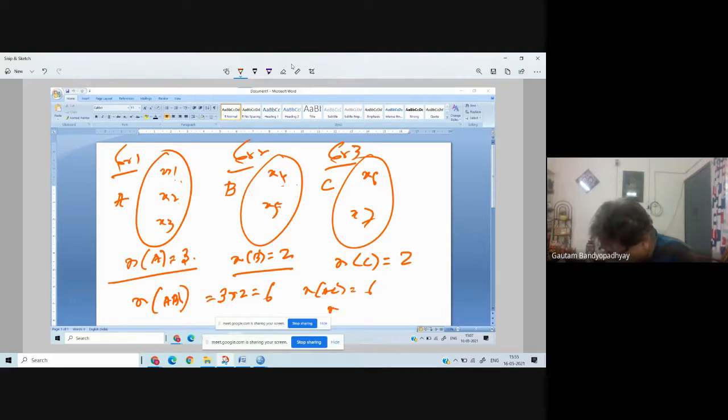And the cardinality of BC is 2 into 2, that is 4. Now if we check, 6 plus 6 plus 4, we get 16. Initially we get 21 correlations, as I already told you, from the 7 by 7 matrix. This 21 decomposes into 5 and 16. These 5 are used for orthogonal transformation, and 16 are for oblique transformation.